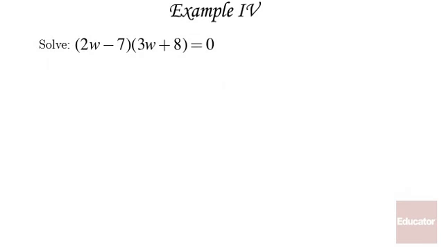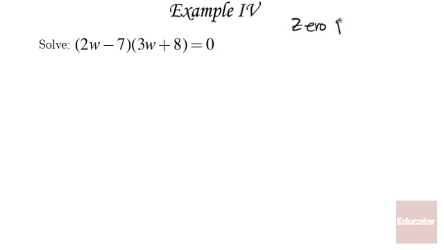Okay, in the fourth example, we have an equation. So we're going to apply the zero product property that we learned. And this is already in a nice, easy factored form. Sometimes, however, you'll actually have to do the factoring first, and then you'll use the zero product property.